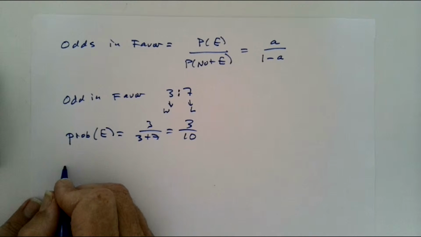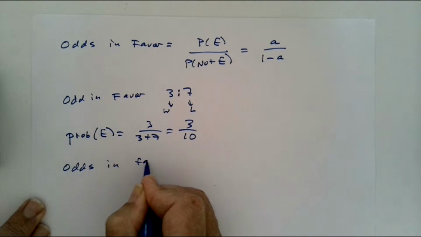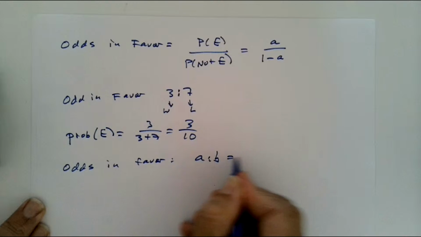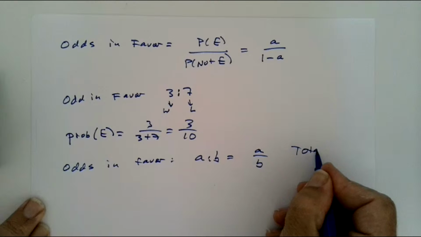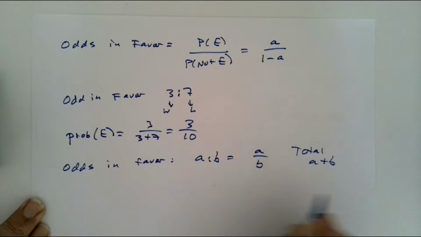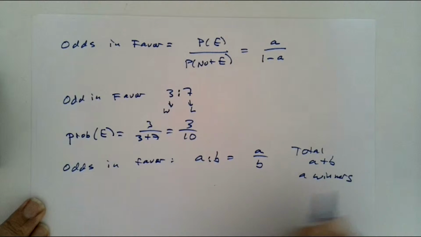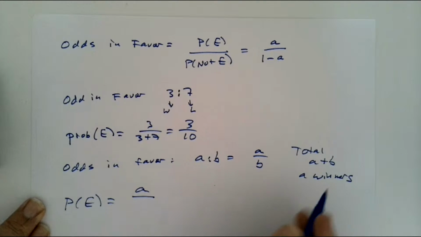So if the odds in favor are A to B, or if you like, A over B, A winners, B losers, our total is A plus B, and we have A winners. If that's our case, what's our probability of E? A winners out of how many total?